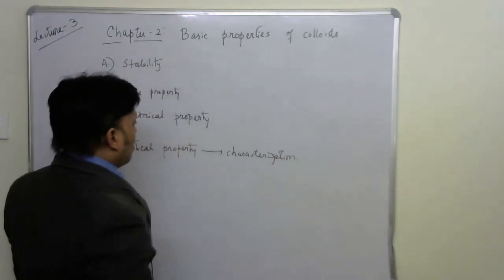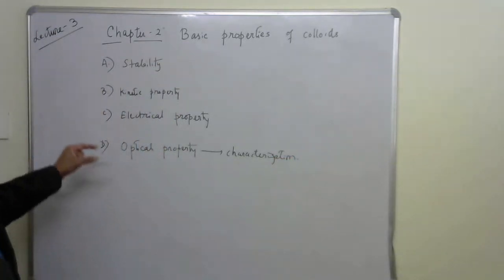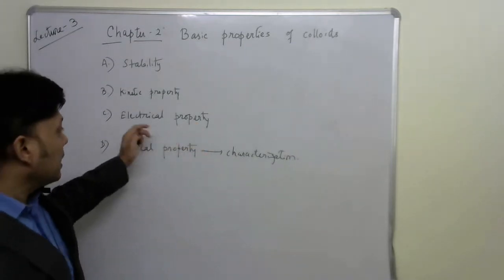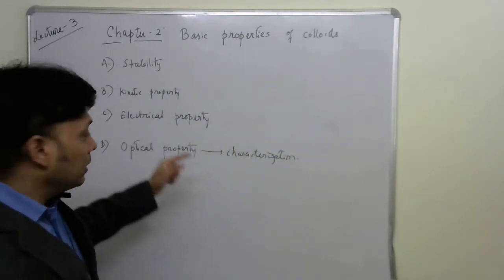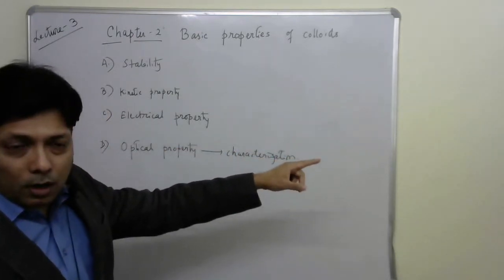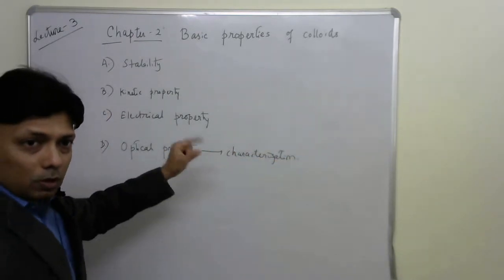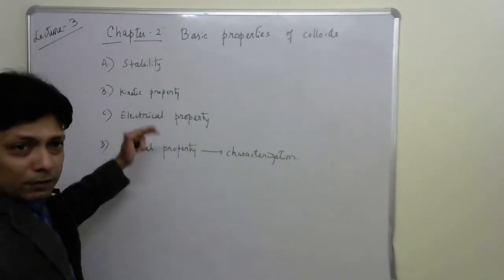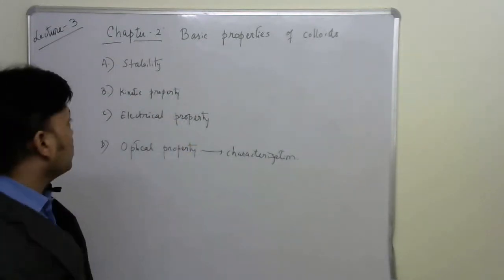The electrical property is also very important because it has several applications, and it is linked to electrokinetic phenomena associated with colloids. So there will be several lectures to cover chapter 2.